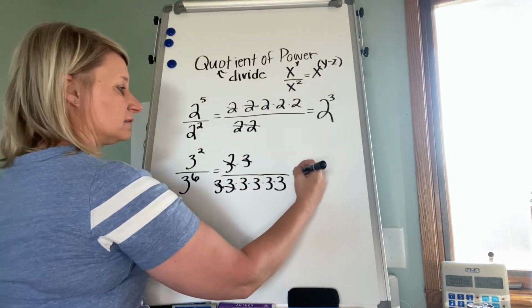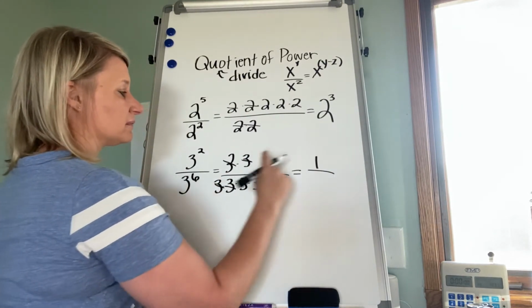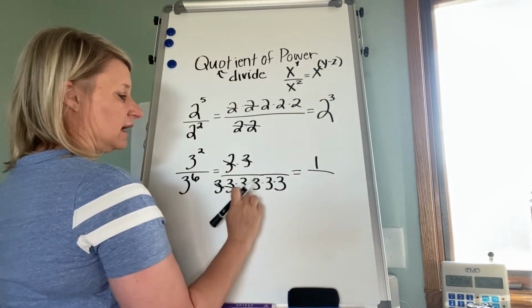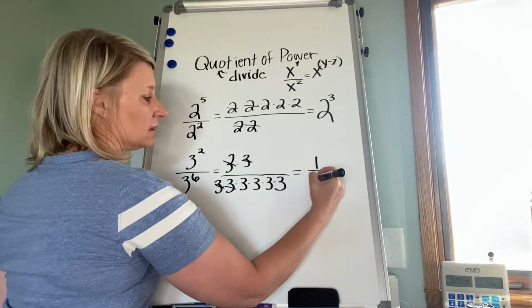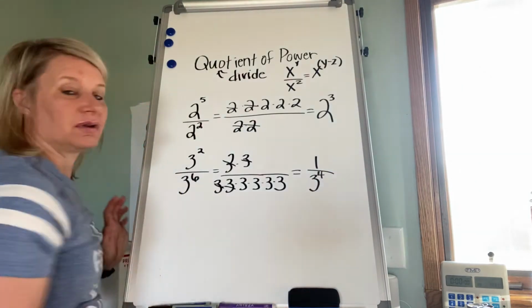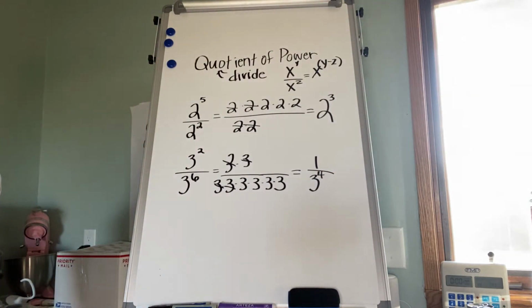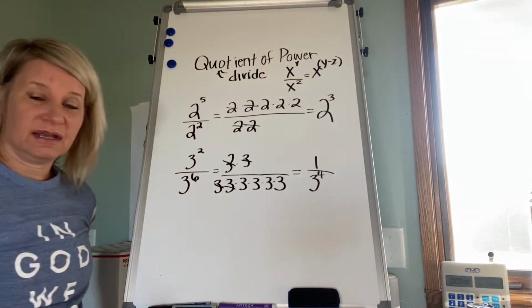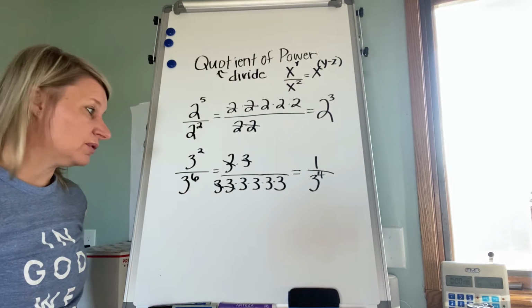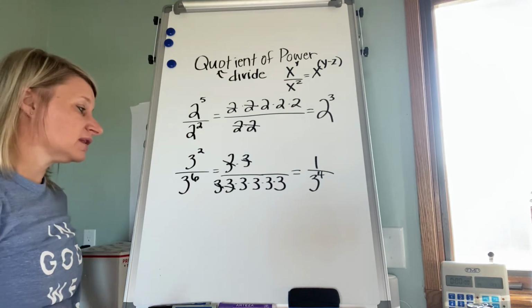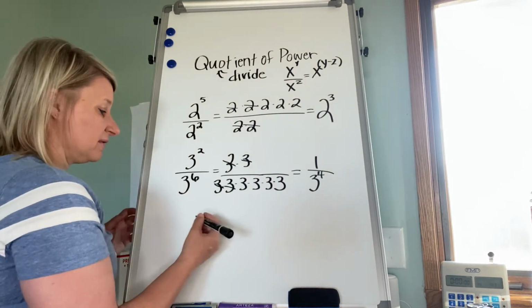So I'm left with a 1 on the top, and I have 4 3's left on the bottom, so it's 3 to the 4th. Okay, so that's how that works. We could write it a different way, but I'm not going to show you that today because that's a different rule.